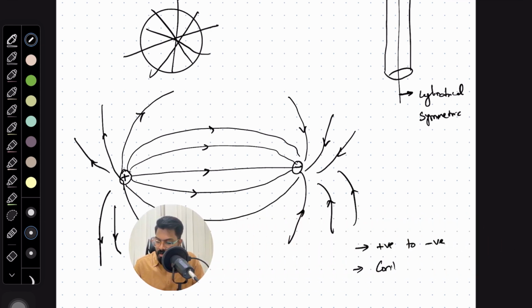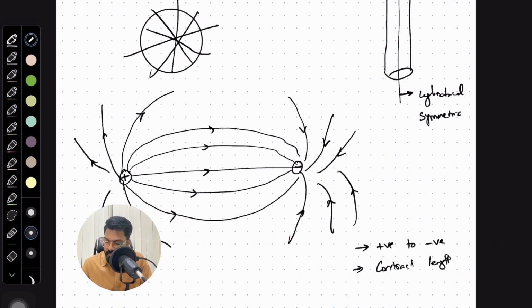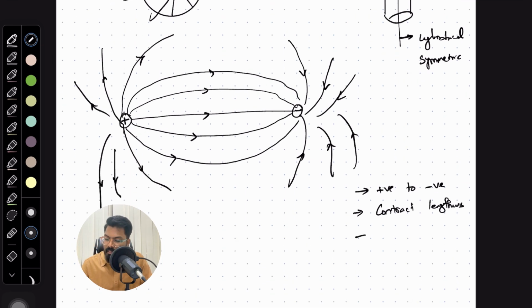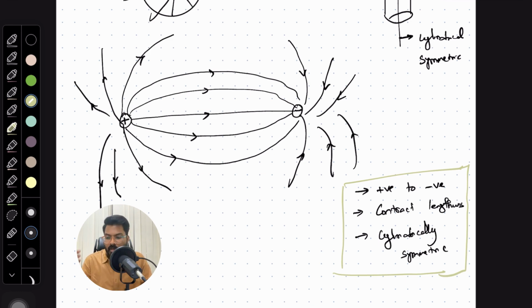Second, they contract lengthwise. That means they are trying to come closer together and they are cylindrically symmetric. This is what we can tell about two equal and opposite point charges.